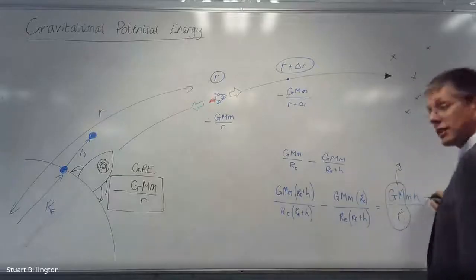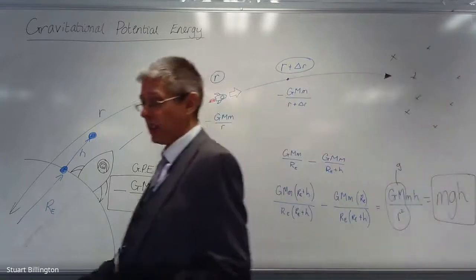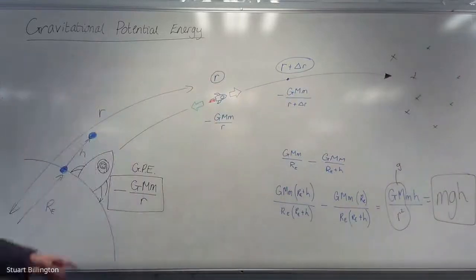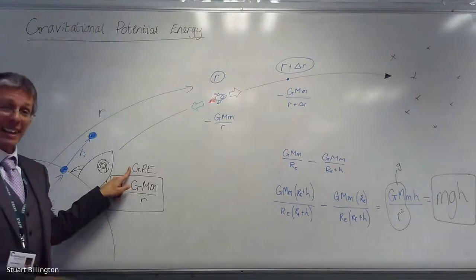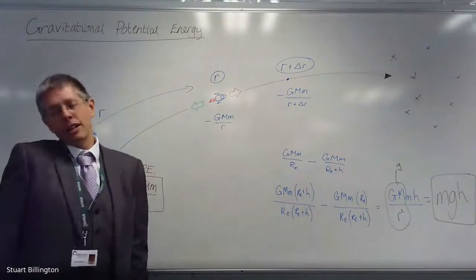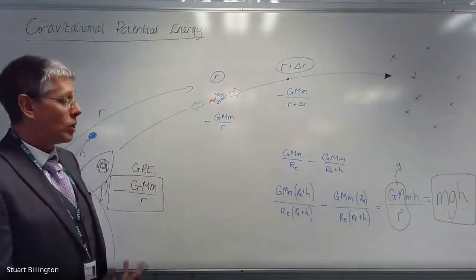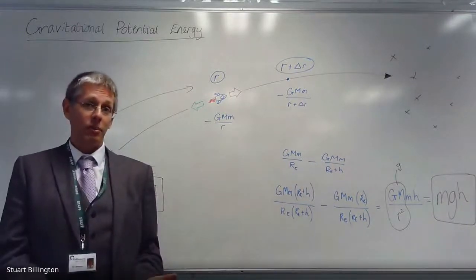Which means that this term here is actually mgh, which is what you've been using as your definition of gravitational potential energy back since year 9. And we just gave it to you and said, yeah, there's a formula, use it to calculate with. Now you can see where it comes from.